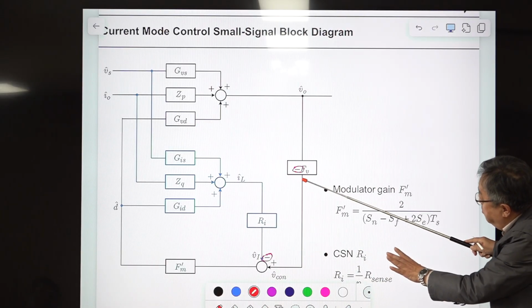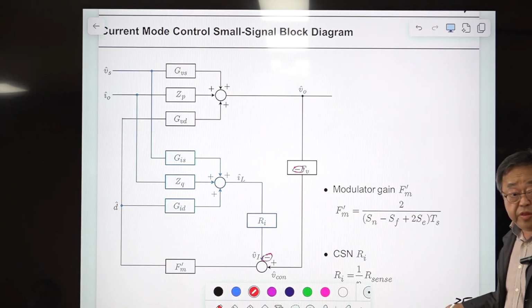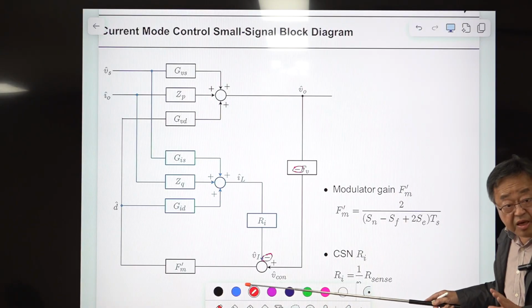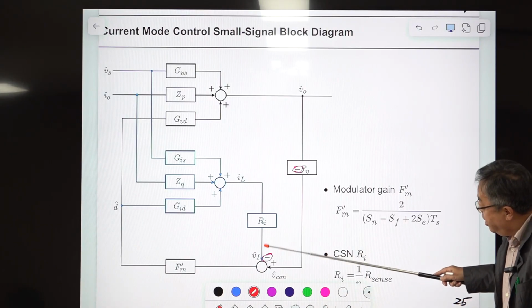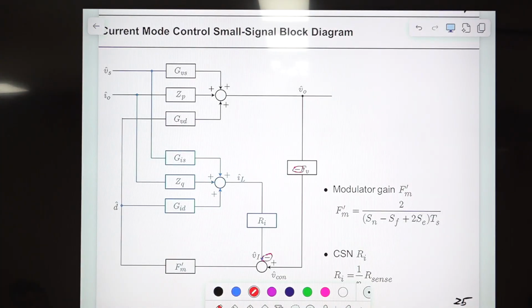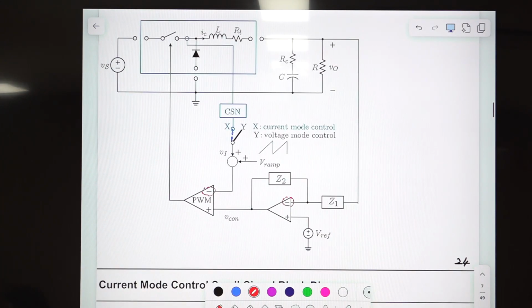The output of this voltage feedback circuit was Vcon, and it is added, but actually subtracted. Subtraction comes from this terminal, where you have a minus sign here. So it is added, but actually it's subtracted.